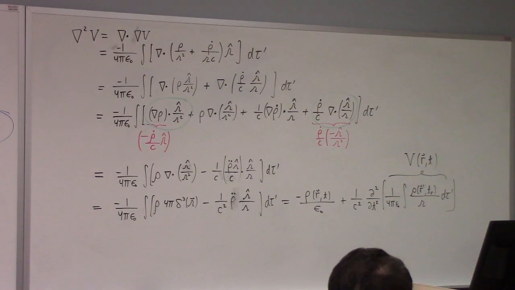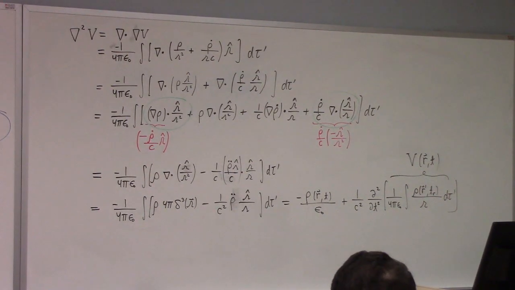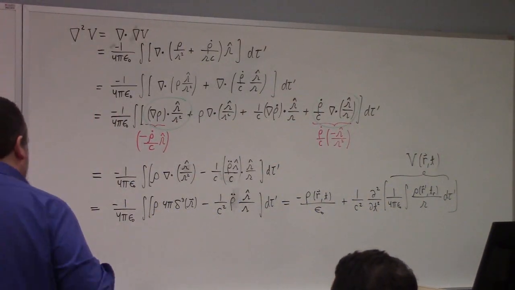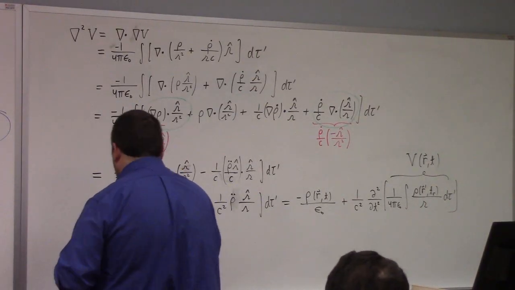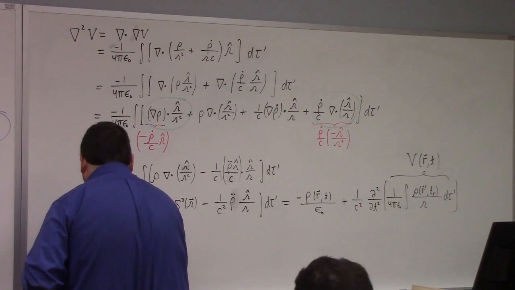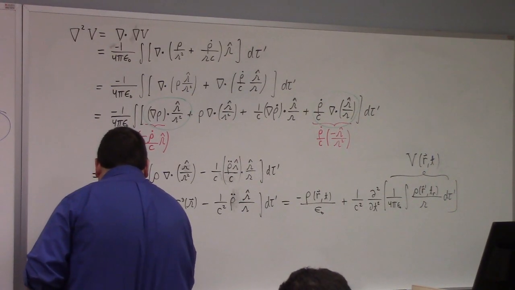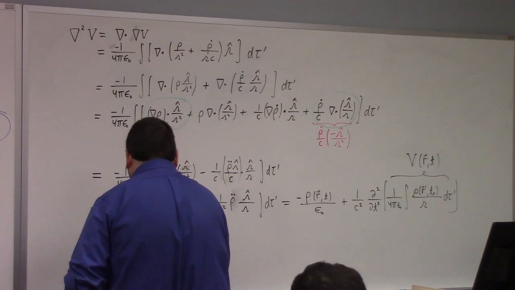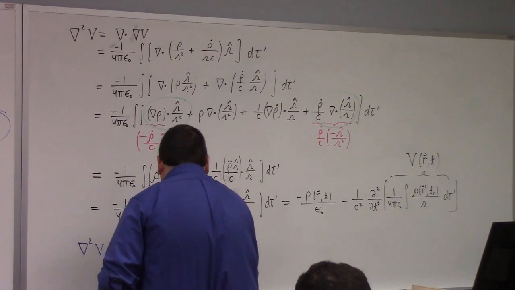Which is to say that, what does that say? Yeah, it says that nabla squared V minus 1 over c squared partial t squared V is equal to minus rho over epsilon naught.